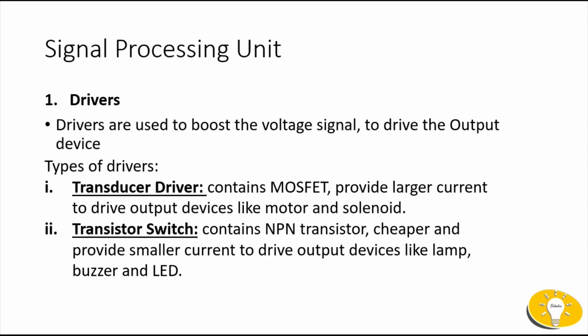The other type of drive is a transistor switch, which contains an NPN transistor. We will study them in the later videos, but it's basically an electronic switch and provides smaller current to drive smaller output devices, something like LEDs and buzzers, and is relatively cheaper.